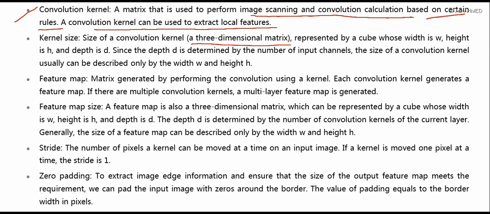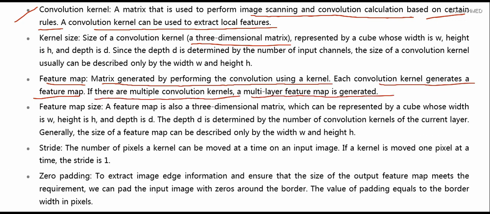The feature map is the matrix generated by performing convolution using a kernel. Each kernel generates a feature map. If there are multiple convolution layers, a multi-layer feature map is generated, as we have seen in the previous example. The size of the feature map depends on the requirement again, and can be described only by the width and the height.